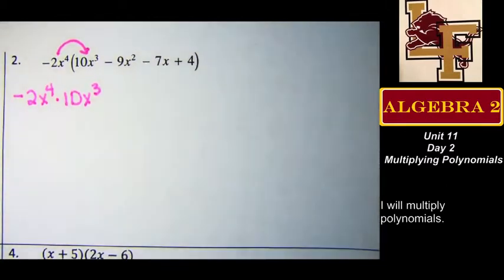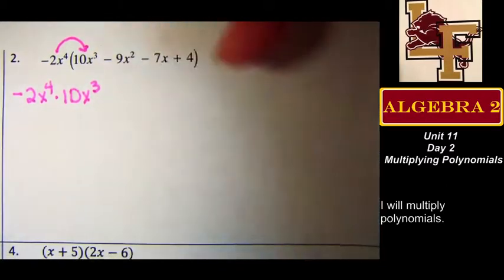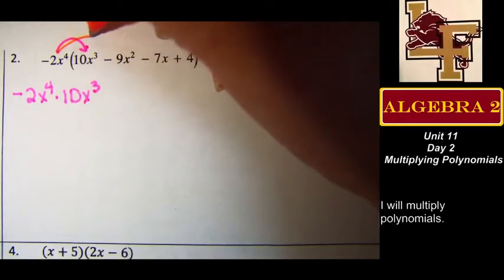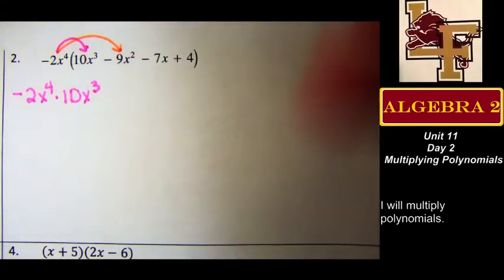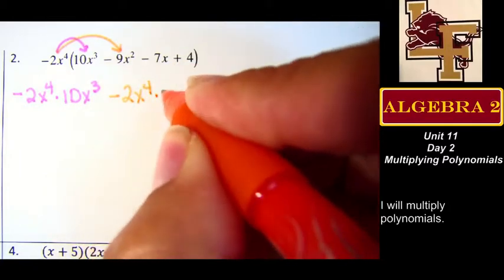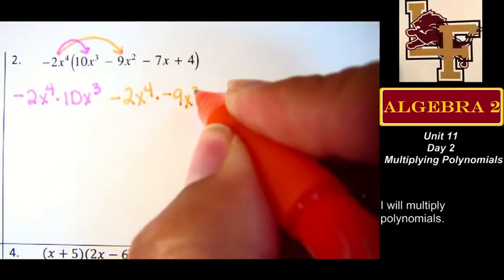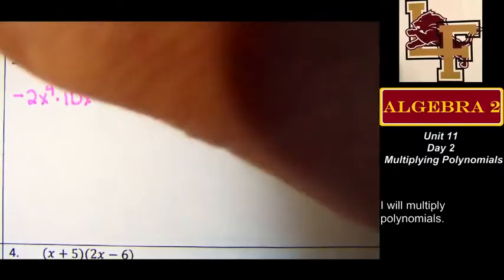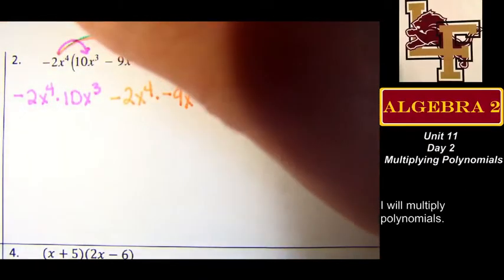Okay? So I'm going to multiply those two things together. Now I'm going to multiply that times the next term. So multiply this entire term times the entire term. I'm going to do the same thing to the next term.